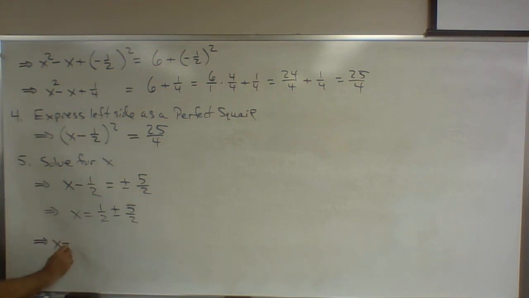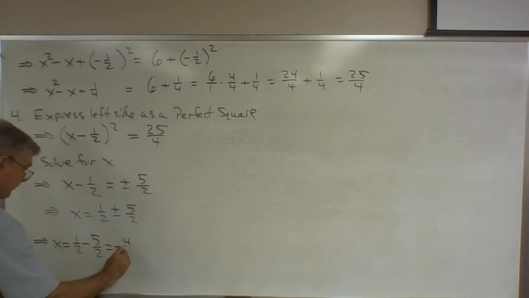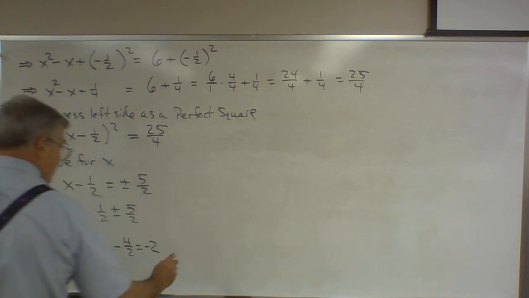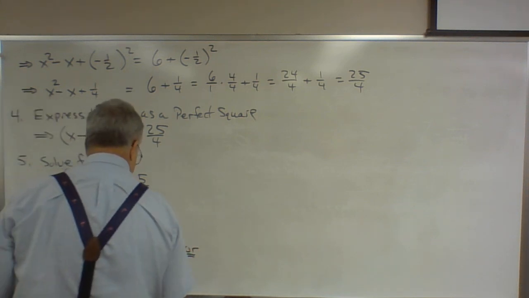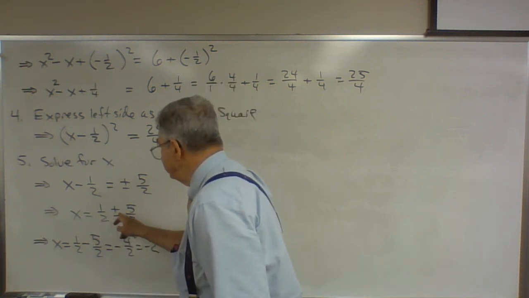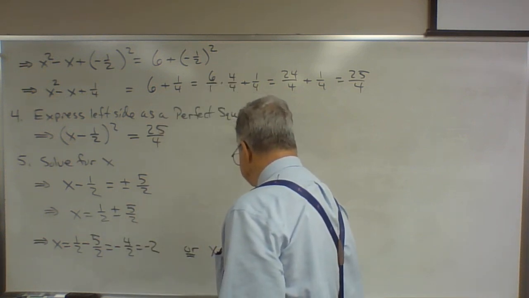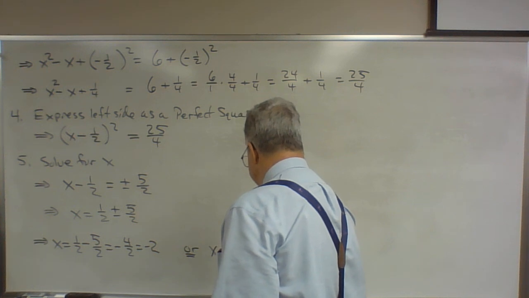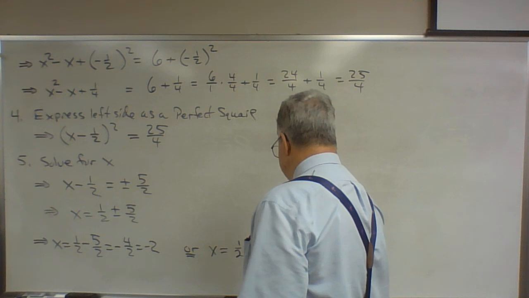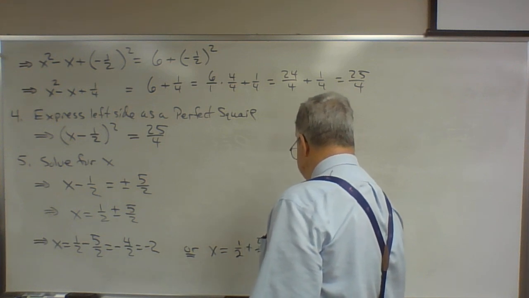So x equals 1/2 minus 5/2. So that's negative 4/2, which equals negative 2. Or x equals 1/2 plus 5/2, which is 6/2, which equals 3.